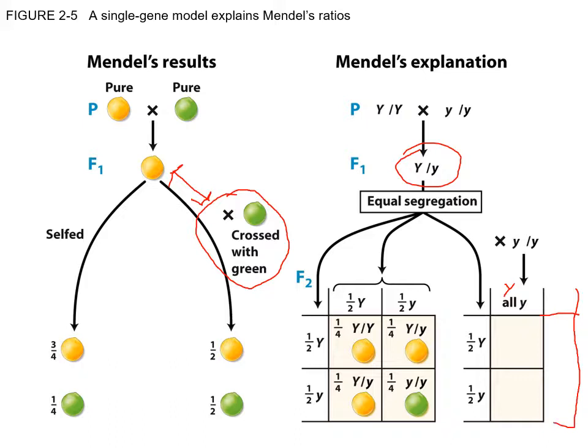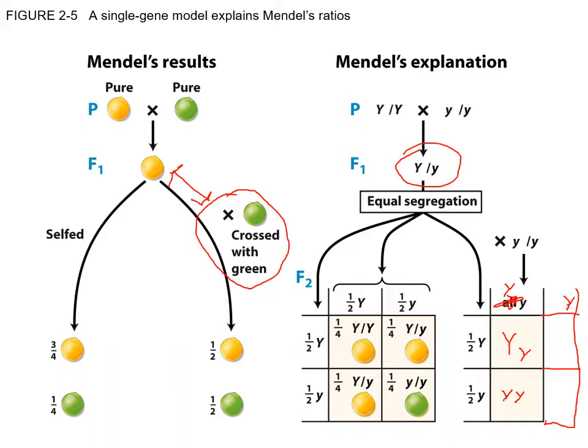So if we extend this out, this Punnett square, and say we have small y, and then on the other axis we have big Y, small y, then we have a chance to get, this is a big Y, little y, this is a little y, little y.